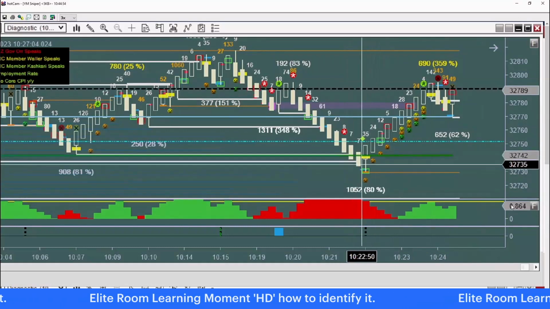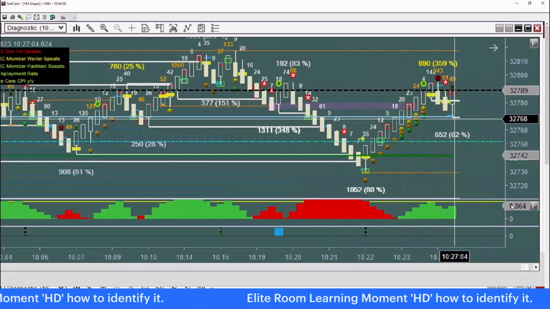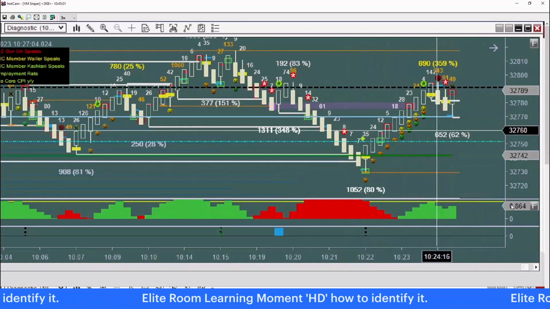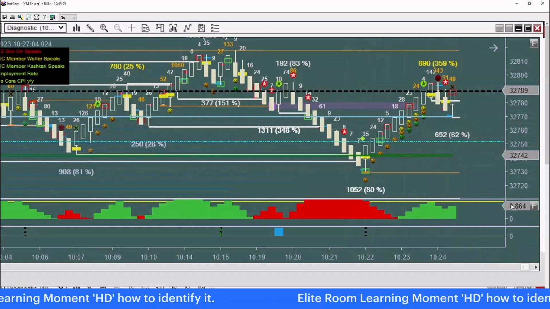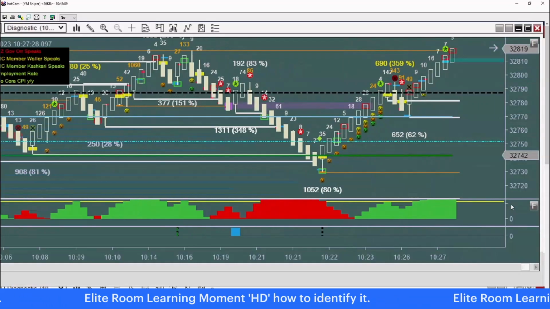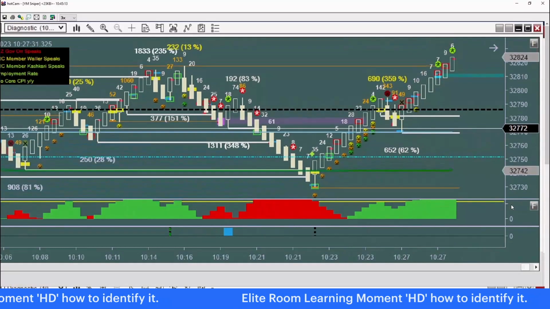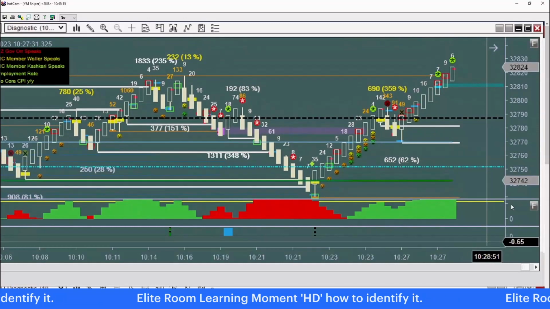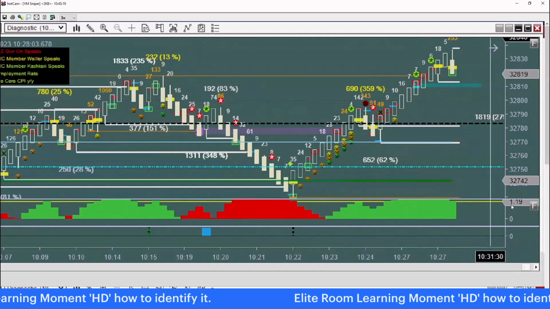It's our starting point. You have to have a first pullback, and that's the number on it. Then we go up, it continues its trend till it pulls back.